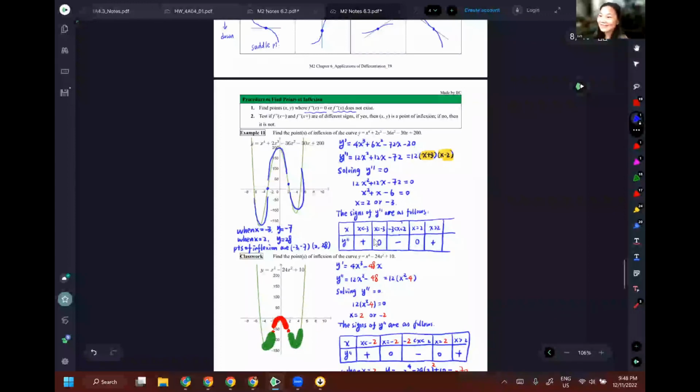Is that okay? I don't know how the absentees are going to make this up before Monday, because on Monday we're going to continue. Chapter 6 is very hard, girls. It is. It's not just the example I give you, the simplest functions to differentiate, like polynomials. What is there to differentiate?